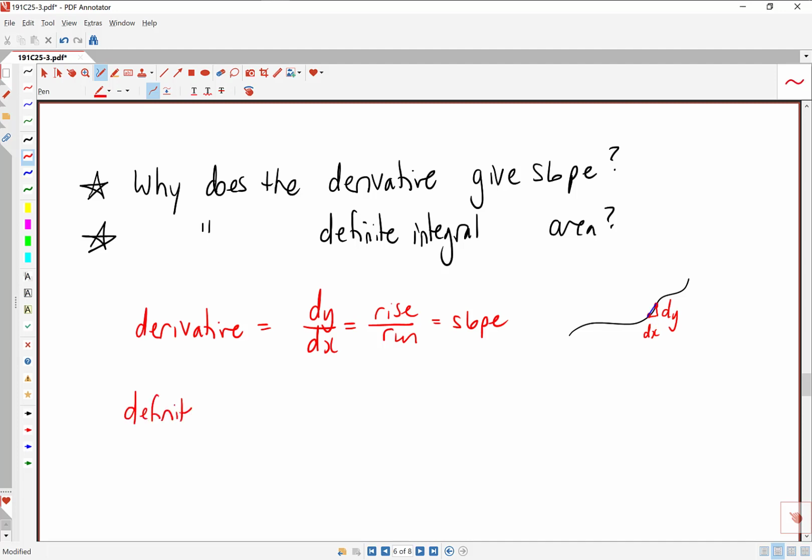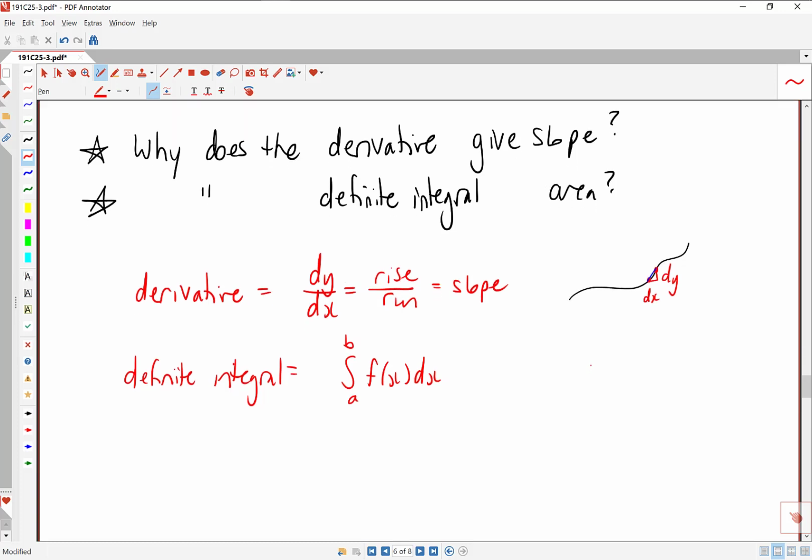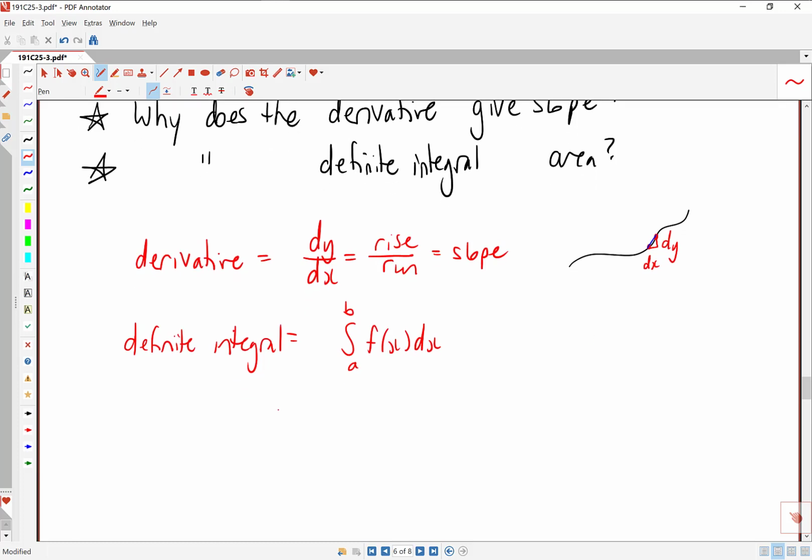Now let's talk about the definite integral. So we saw in this video the actual notation we'd use for that. We'd say it's the integral from a to b of some function f of x times dx. And let's try to get a sense of what this notation really represents. So imagine that you've got some function. Here's our function y equals f of x.